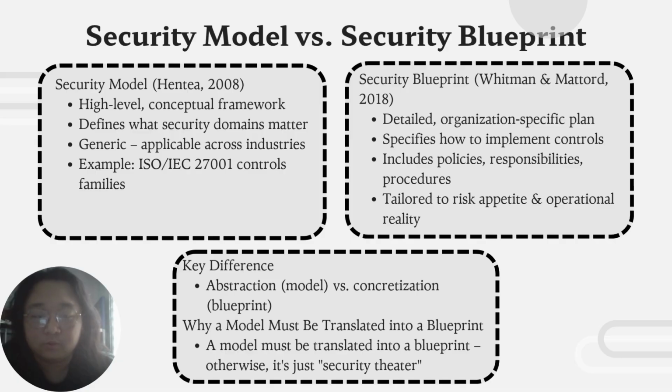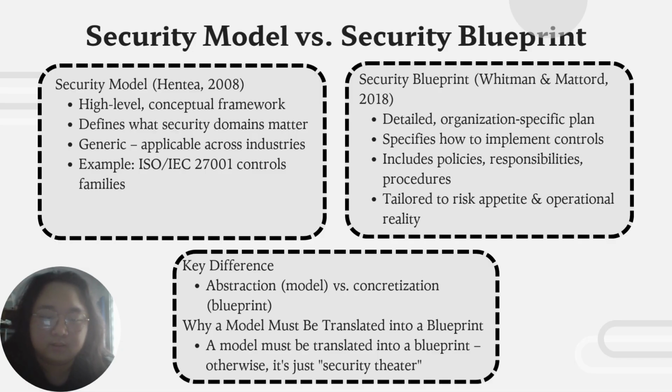Hi, my name is Ko Sing Lu, and I'm going to talk about the difference between a security model and a security blueprint. First, let's talk about what a security model actually is. According to Handy, a security model is like a high level map. It tells the big areas you need to think about, like risk assessment, access control, or how to handle a security incident.